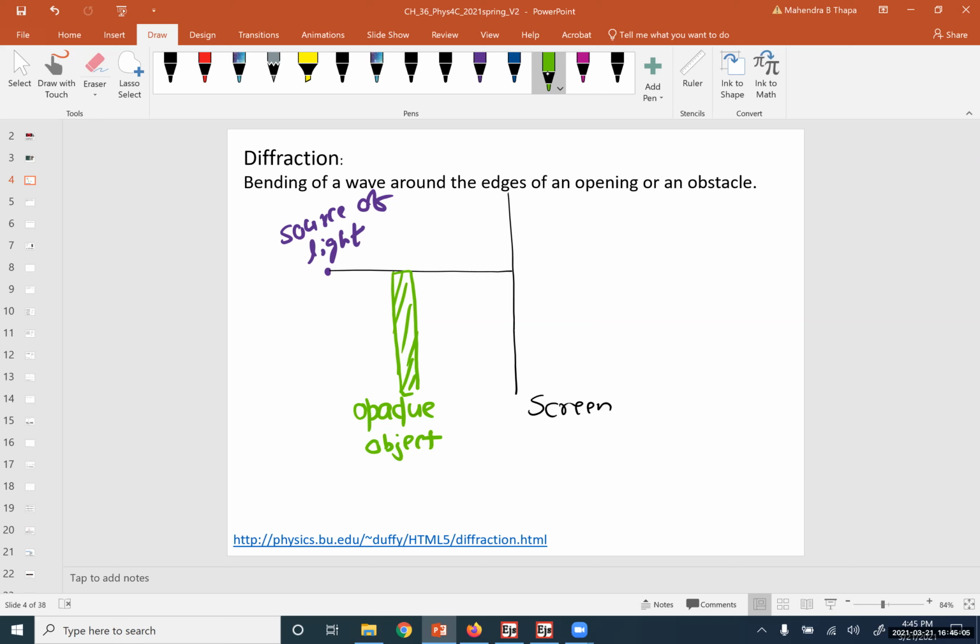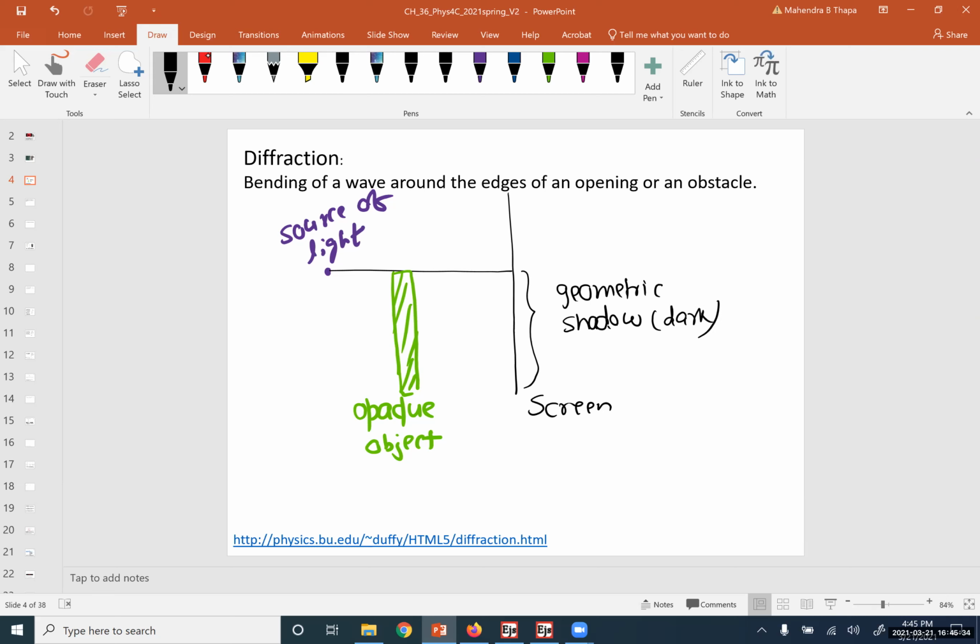If we consider that light travels in a straight line, then in that scenario the region below is called the geometrical shadow.